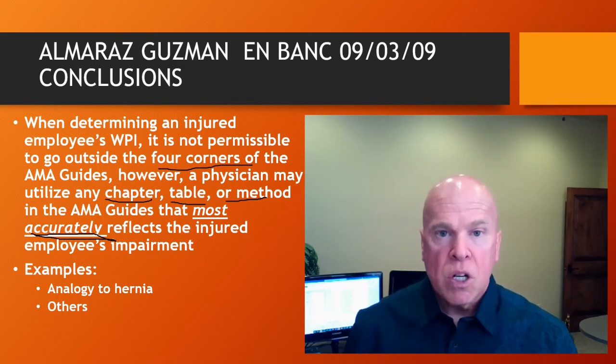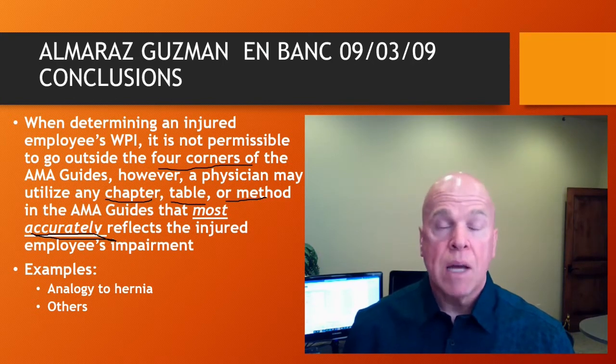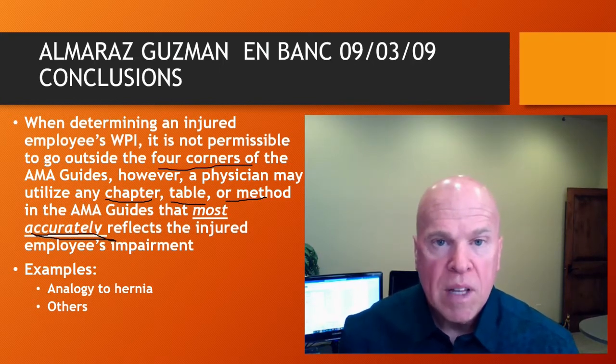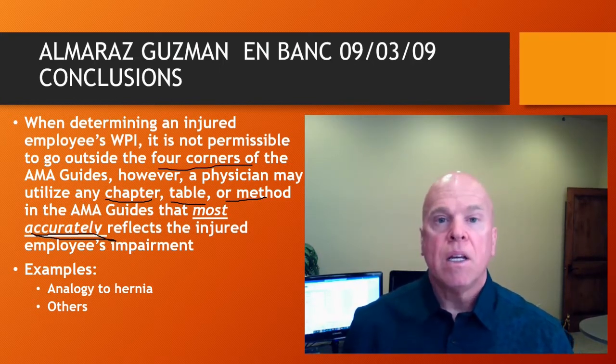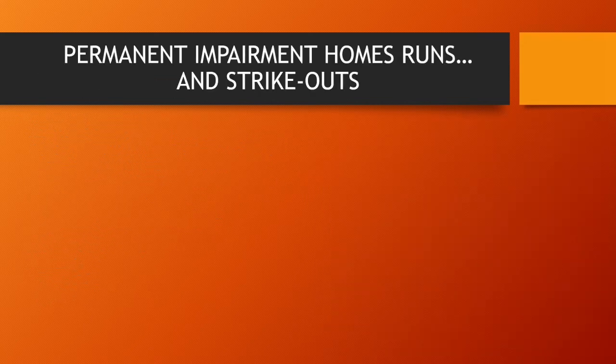Let's talk about some other examples whereby you can use other charts, other chapters, other tables within the four corners of the AMA guides to most accurately describe your examinee's true permanent impairment. So here are some ideas for you when it comes time to provide your permanent impairment rating for your particular examinee, to allow you to provide for an impairment rating and therefore a disability award that's accurate.